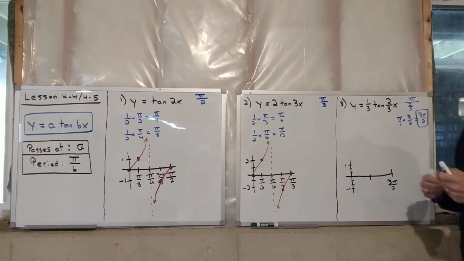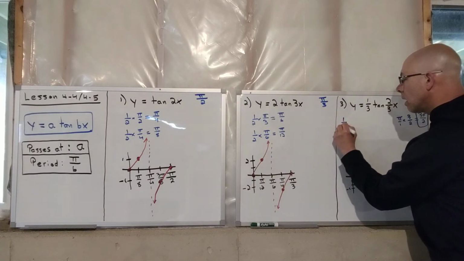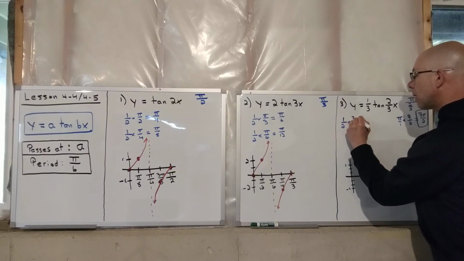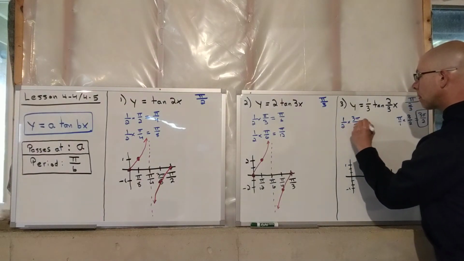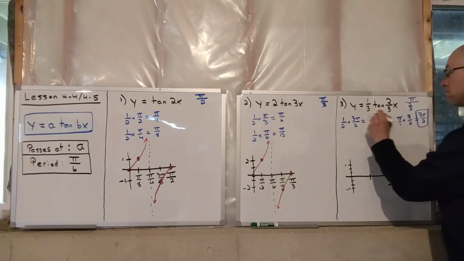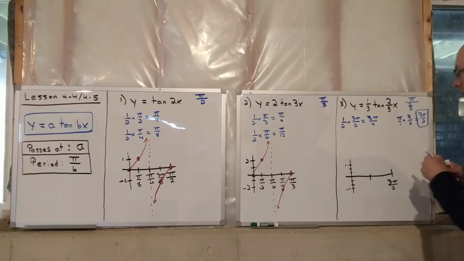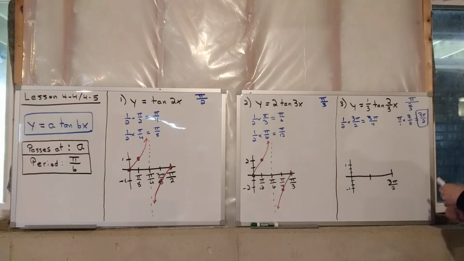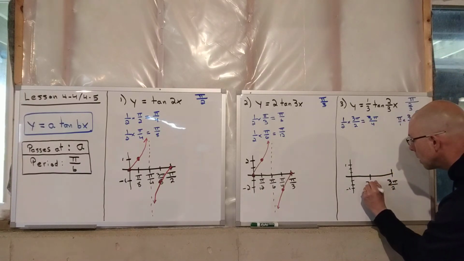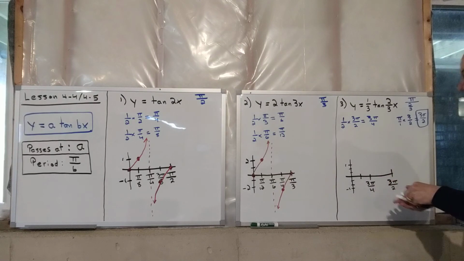Now this one's a little bit more demanding, so I need half of 3 pi over 2, which is 3 pi over 4. Okay, so we kind of needed that. So this is 3 pi over 4. And then we need halfway to that.